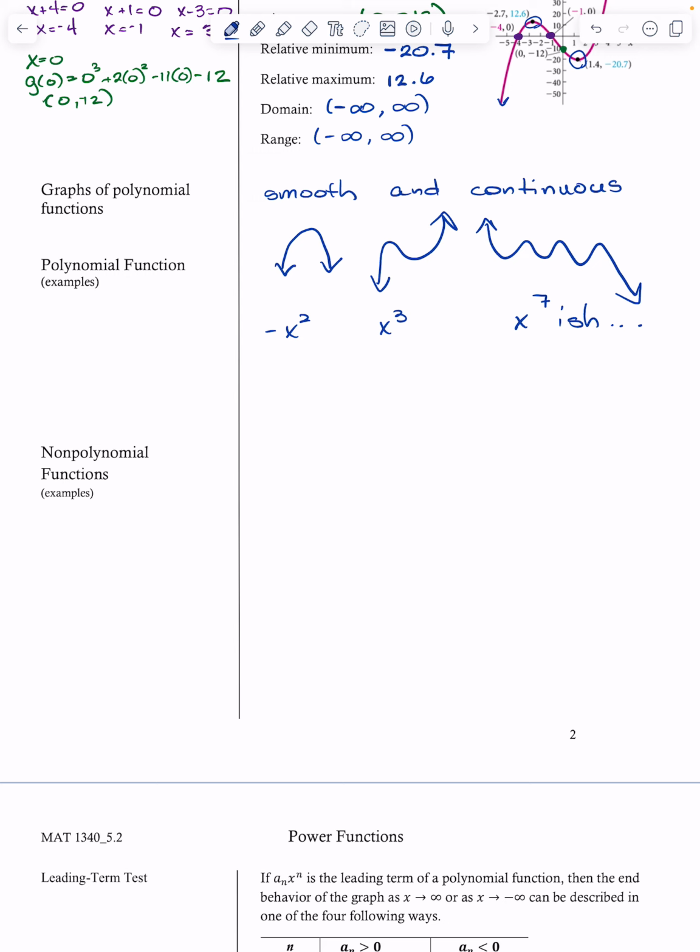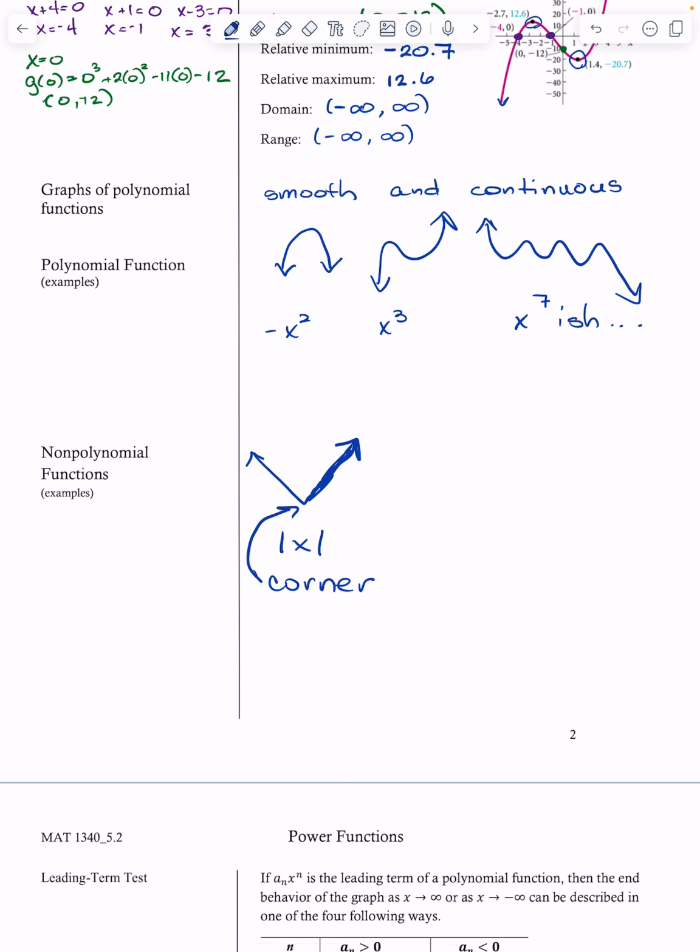Okay. Non-polynomial functions. Our absolute value is not a polynomial function, right? Because it has what's called a corner here, not smooth.